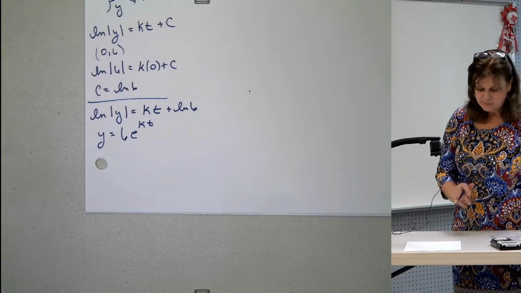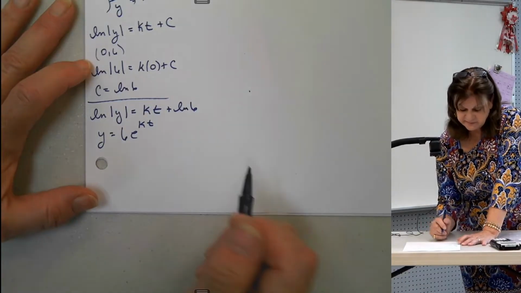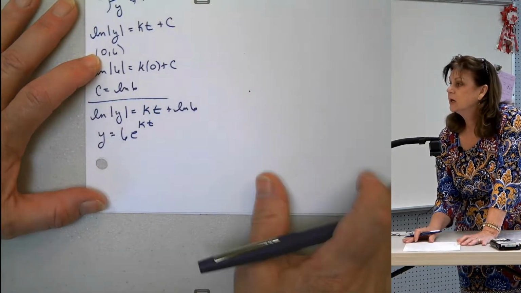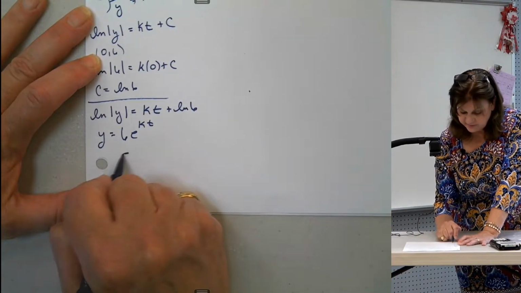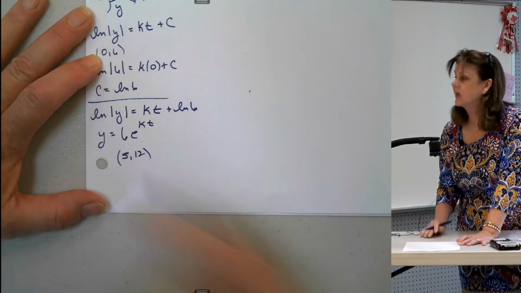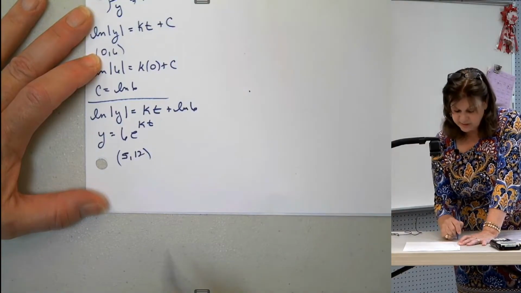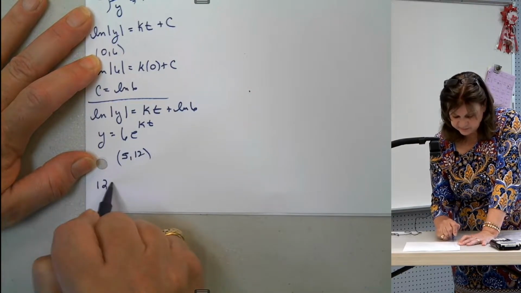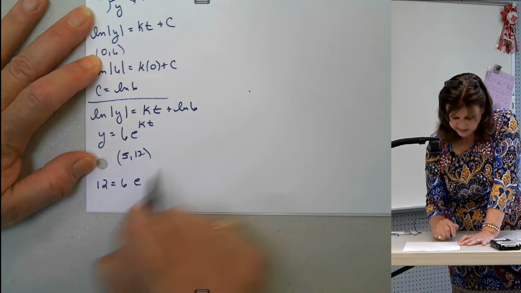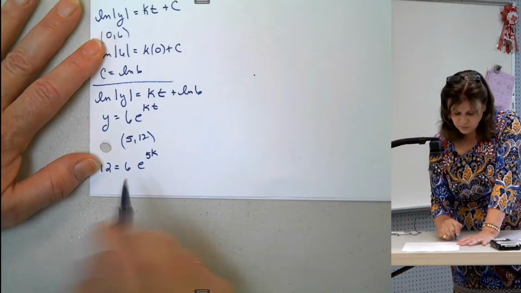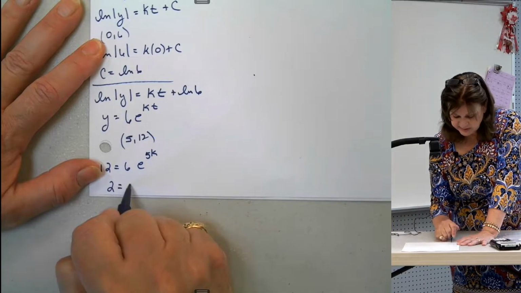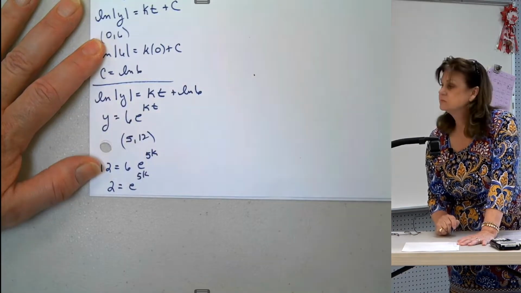Okay. Now, they also asked us to find the variable k. So we will. We're going to use the condition that in 5 years, we've doubled the gallons. So now I know 12 is 6e to the 5k. 2 is e to the 5k.